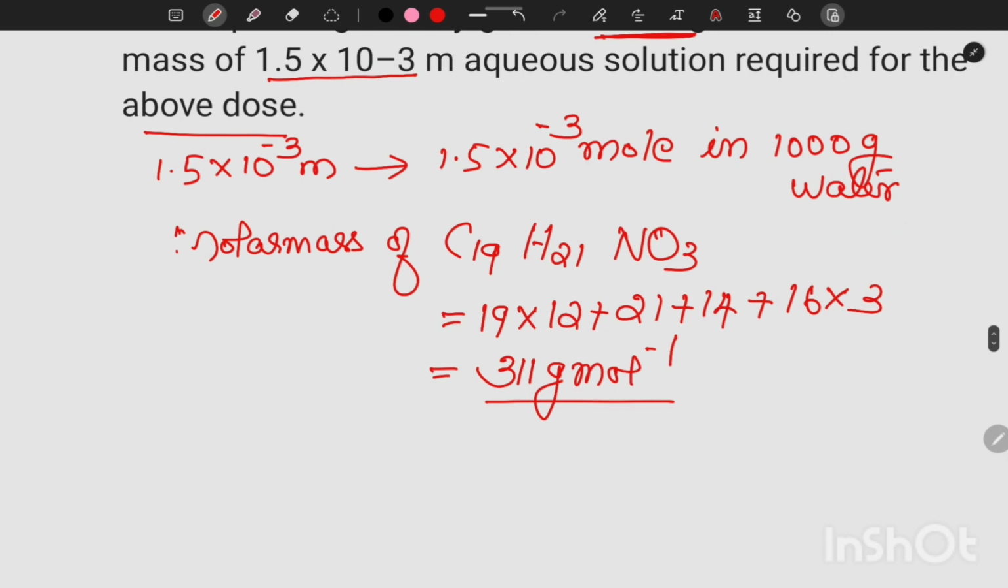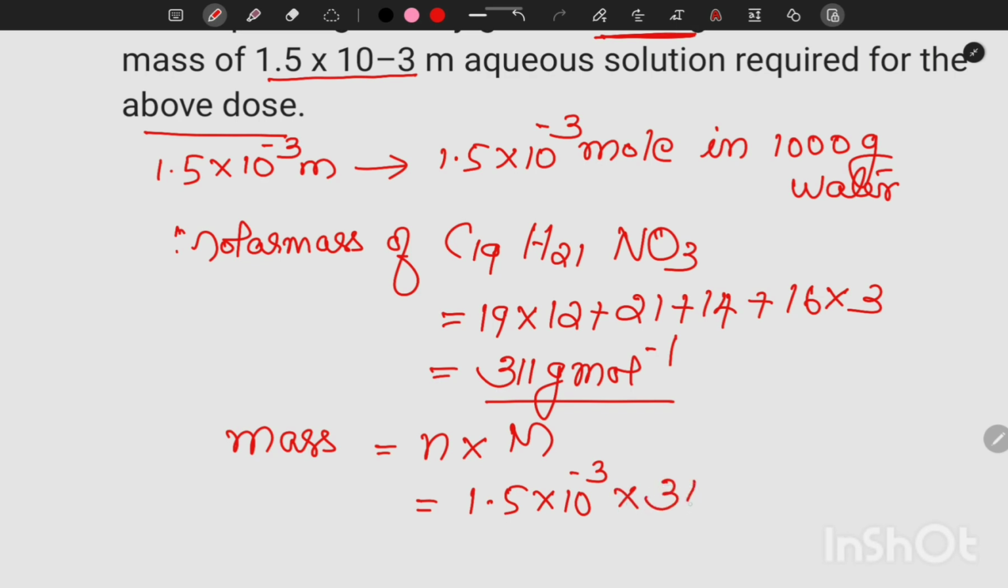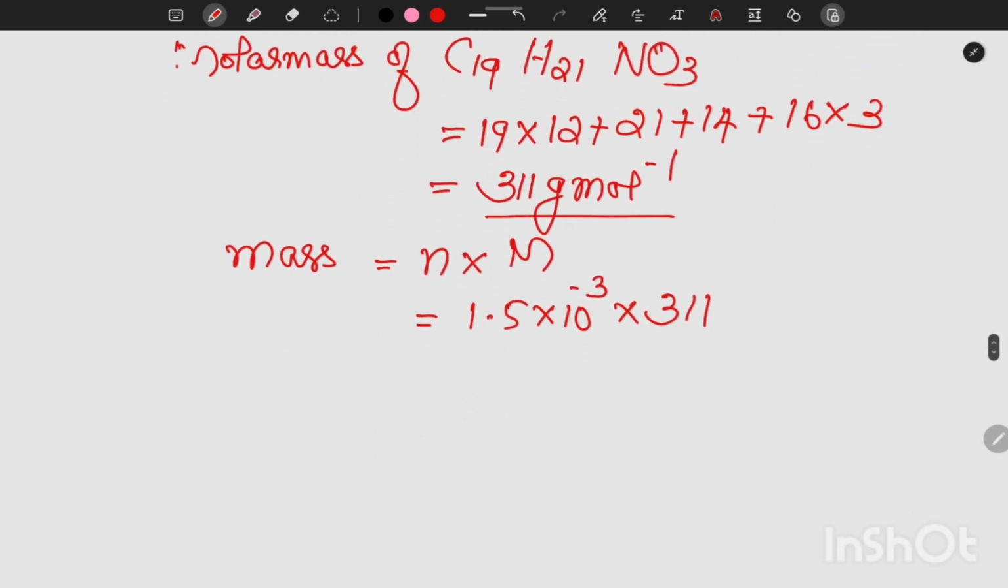Now, mass is equal to number of moles into molar mass. That is equal to 1.5 into 10 raised to minus 3 into 311. So when we simplify, we will get 0.467 gram.